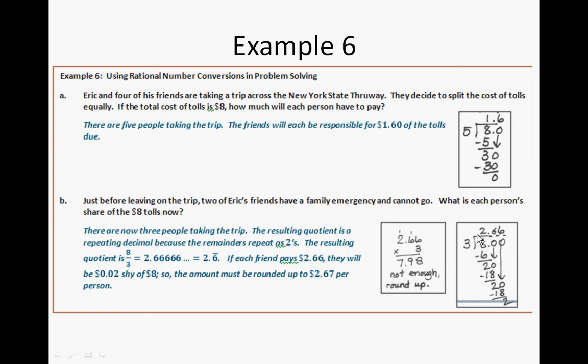In this case, it would be $2.67. So you will end up with $8 exactly? No, you would actually end up with $8.01, but at least, again, in the context of the problem, 2 people are going to have to pay $2.67, and 1 person would pay $2.66. All right.